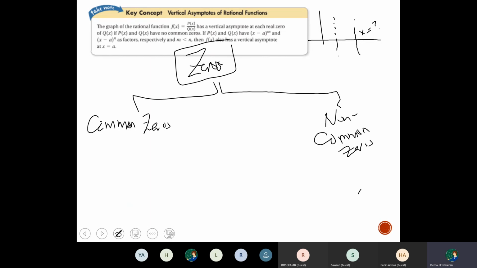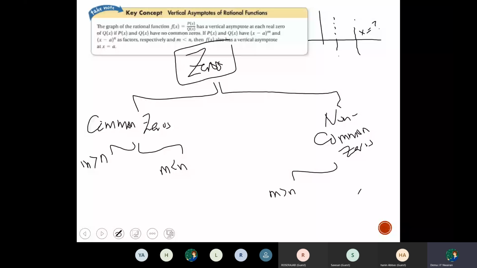Let's start now with the common zeros. For the common zeros, m could be greater than n, and m could be less than n. And for the non-common zeros, also m could be greater than n, and m could be less than n.